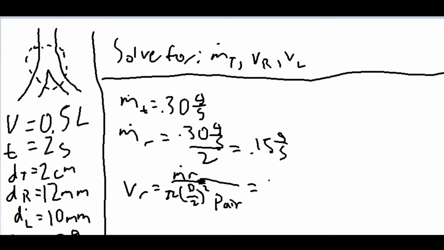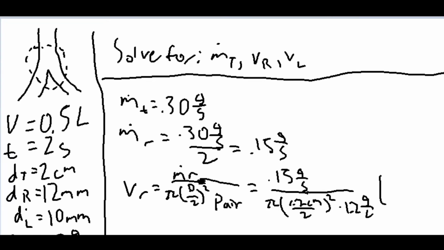That is going to be equal to 0.15 grams per second over pi times 1.2 centimeters over 2 squared times 1.2 grams per liter, and then multiply that by the conversion factor, 1,000 centimeters cubed per liter, and you get 111 centimeters per second.